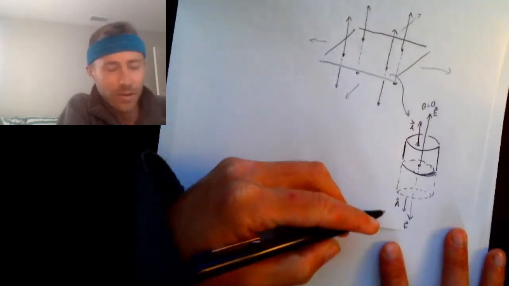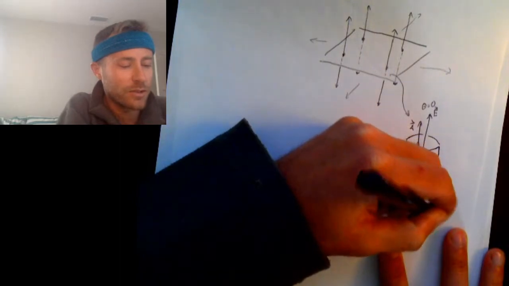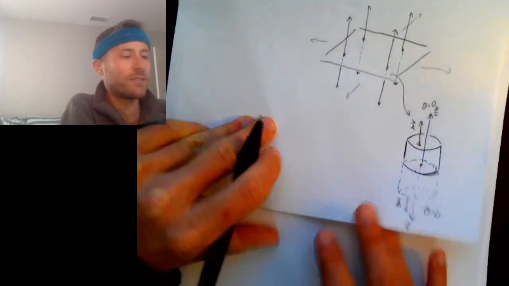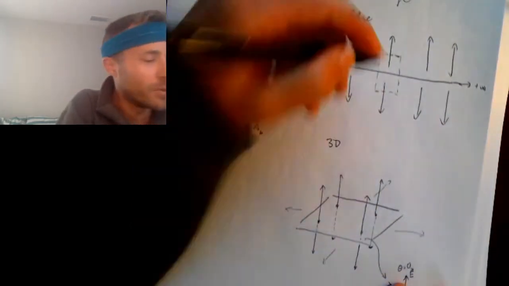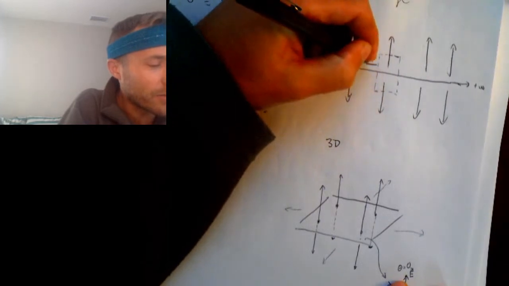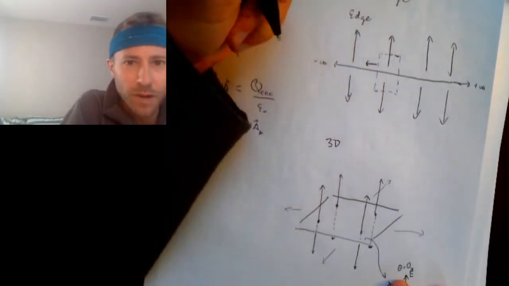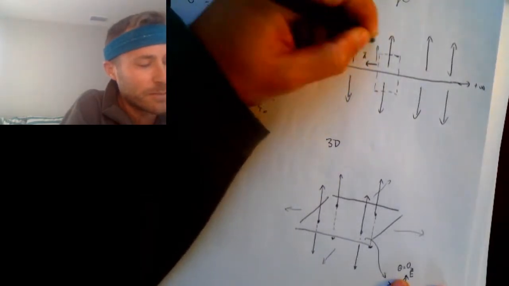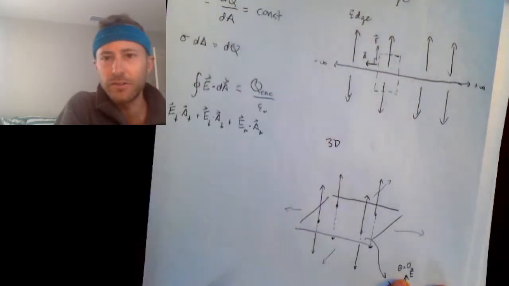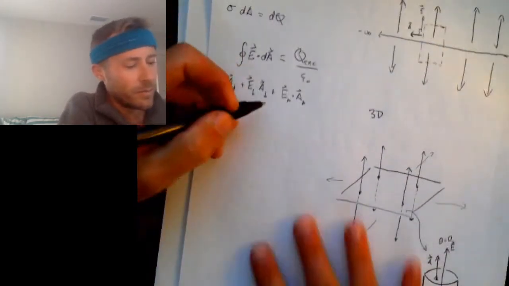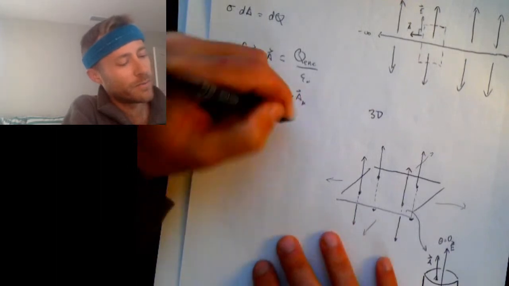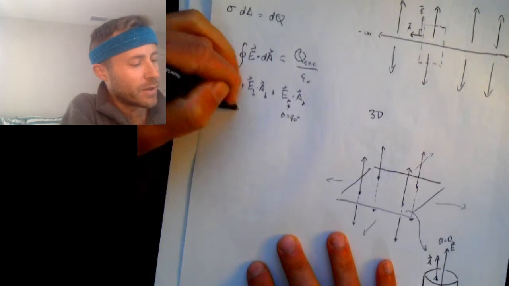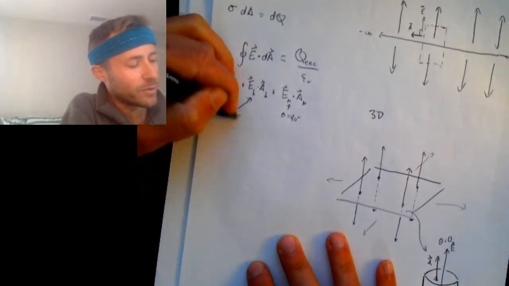So on the bottom face, the angle is again 0. But for the middle face, the area vector points to the left or to the right, while the electric field points up and down. So that angle is 90 degrees, and the other two have an angle of 0 degrees.